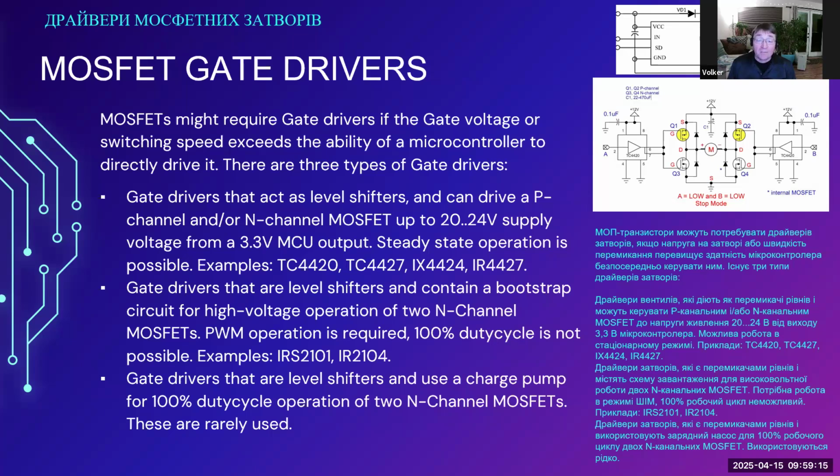If you use these in a bridge configuration, and the last three that I've listed there contain two drivers in one package, intended for bridge configuration, you would use a P-channel MOSFET in the upper part of the bridge and an N-channel MOSFET in the lower part of the bridge. And you can turn those on permanently.